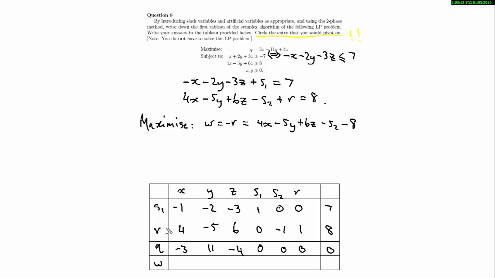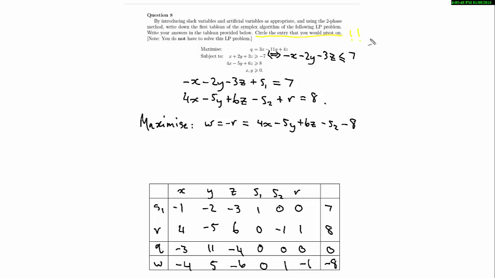Okay, so I do that first because we notice that W is equal to minus R. So when we're completing the W row, it's simply the R row multiplied by minus 1. So every number you see in here will be multiplied by minus 1 in the W row. So we have minus 4, 5, minus 6, 0, 1, minus 1, and minus 8. Okay, great, we finished our tableau.